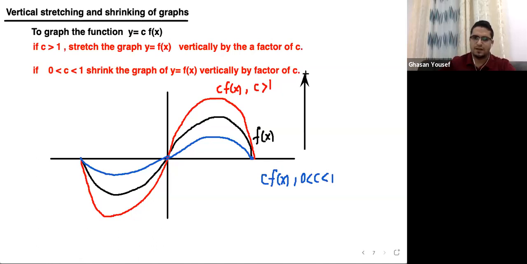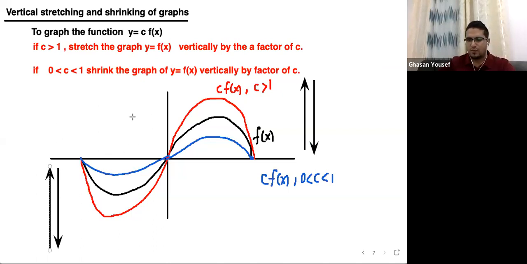If c is outside, it's supposed to be vertical, like this. But if c is inside, it will be horizontal. I'm going to talk about the horizontal after finishing this.